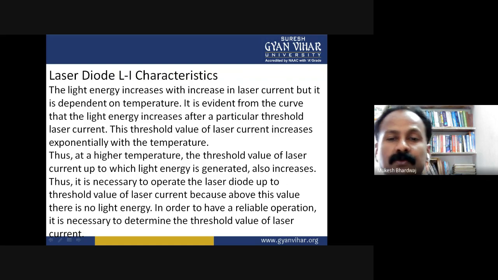This threshold value of laser current increases exponentially with the temperature. Thus, at higher temperature, the threshold value of laser current up to which the light energy is generated also increases. Thus, it is necessary to operate the laser diode above the threshold value of laser current, because below this value there is no light energy. In order to have a reliable operation, it is necessary to determine the threshold value of the laser current.